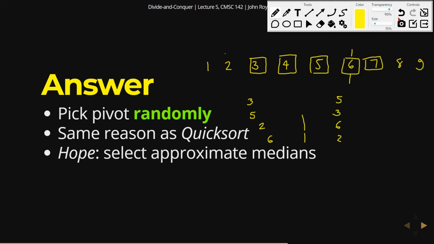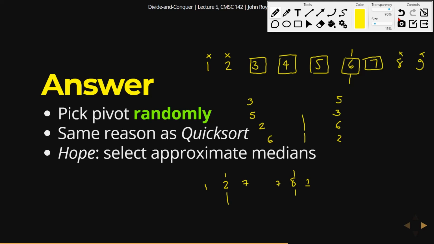But the bad pivots would be 2 and 1, and then 8 and 9. Those are bad pivots, because if you get 2, there's only 1 here, and then the rest would be 7. 1 versus 7. So that's very imbalanced, right? The same for 8. If it's 8, there's only 1 here, and then 7 on the other side, right?